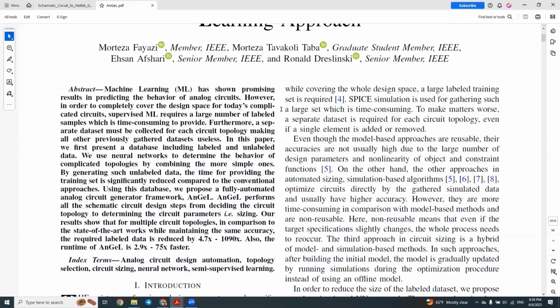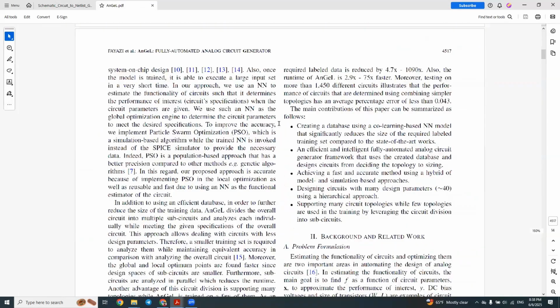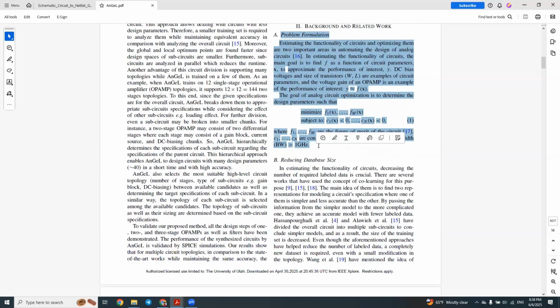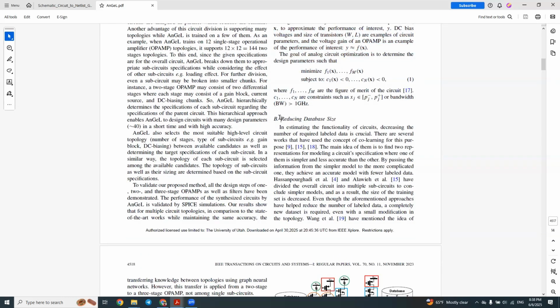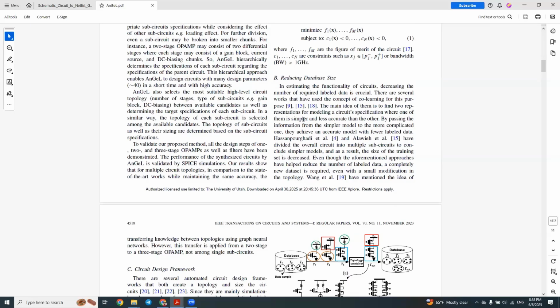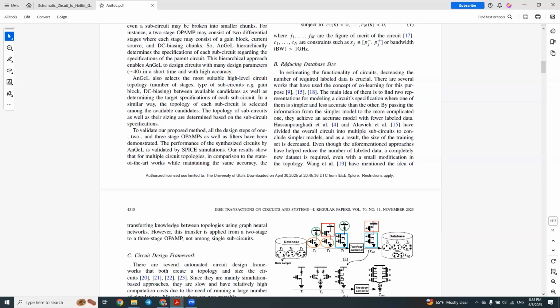To see an example, here is the background section. As we can see here, we have a small subsection on problem formulation. Then, because in this work we had two aspects, we divided the previous work into two parts. Some of them were for reducing the database size.